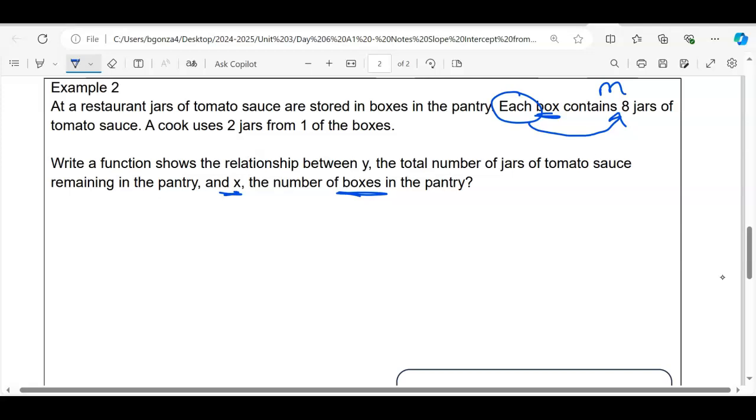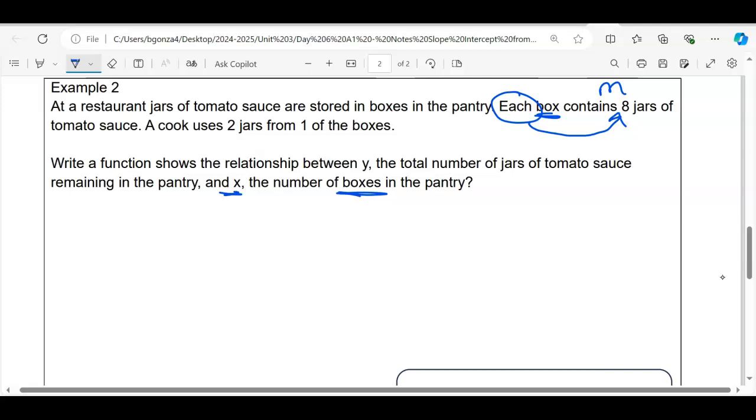Okay, and then it says, now, don't get tricked here. What does it say? A cook uses 2 jars. So when you use something, are you adding or taking away? Is he putting 2 into the box or is he taking 2 out of the box when he uses it? Takes it out, right?